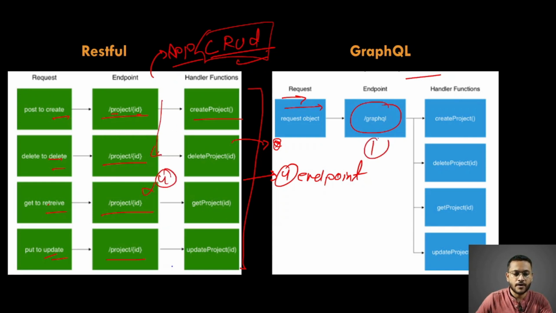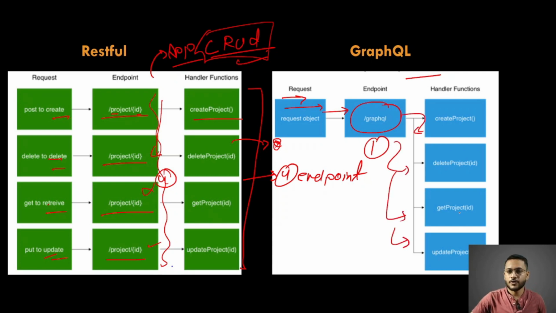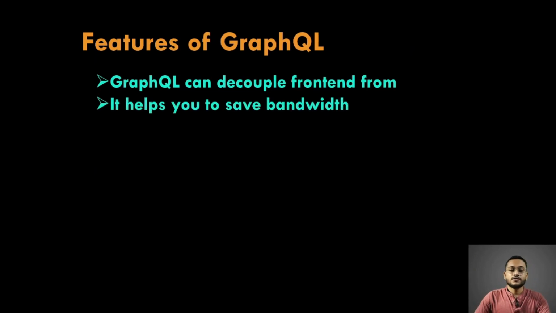I only have one endpoint, so I don't need to make four endpoints. All the requests come through the one endpoint, and whatever operation you want to perform, you perform from that one endpoint. The endpoint thing is clear, I think. Now the comparison will be clear. So let's move to the next slide and we'll see the features of GraphQL.